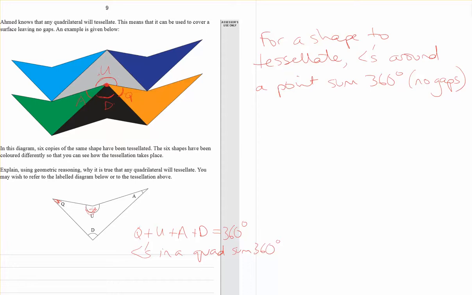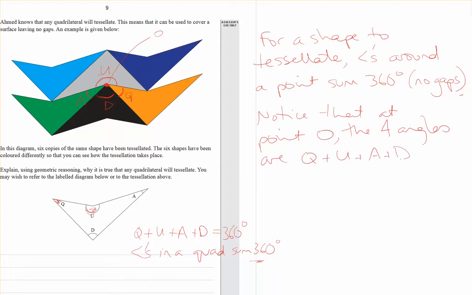So around this point I've got an angle U plus an A plus a D plus a Q. And what do I know about those four angles? They sum to 360. Notice that at point, we'll label it point O, the four angles are Q plus U plus A plus D, which do add to 360 with no gaps.